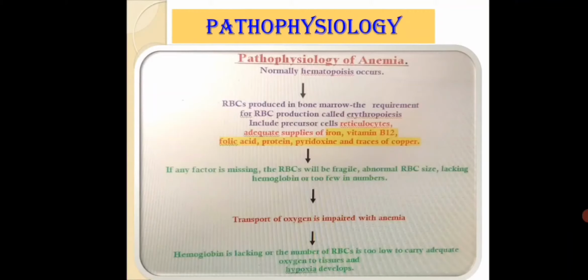We know the function of hemoglobin: it carries oxygen all over the body, to tissues and organs. So transport of oxygen is impaired because of low hemoglobin. Hemoglobin is lacking, and the number of RBCs is also too low to carry adequate oxygen to the tissues, which leads to hypoxia. So this is in short the pathophysiology of anemia.